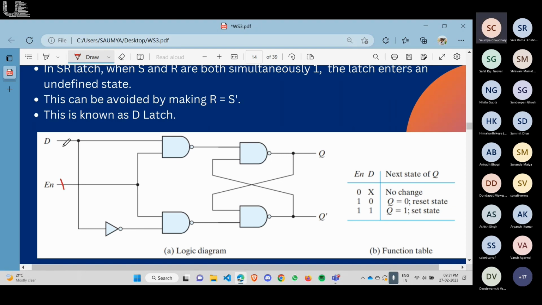So D is 0. Here the gate is the NOT gate, so it will be 1 here. And the input for this gate will be 1 and 1. The NAND gate with 1 and 1 will give 0. Here it is the case of 0 and 1 gives 1.